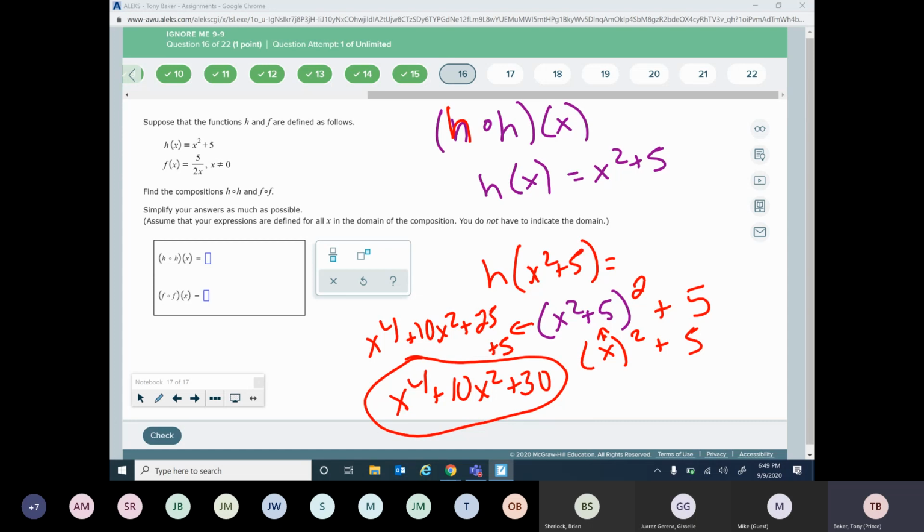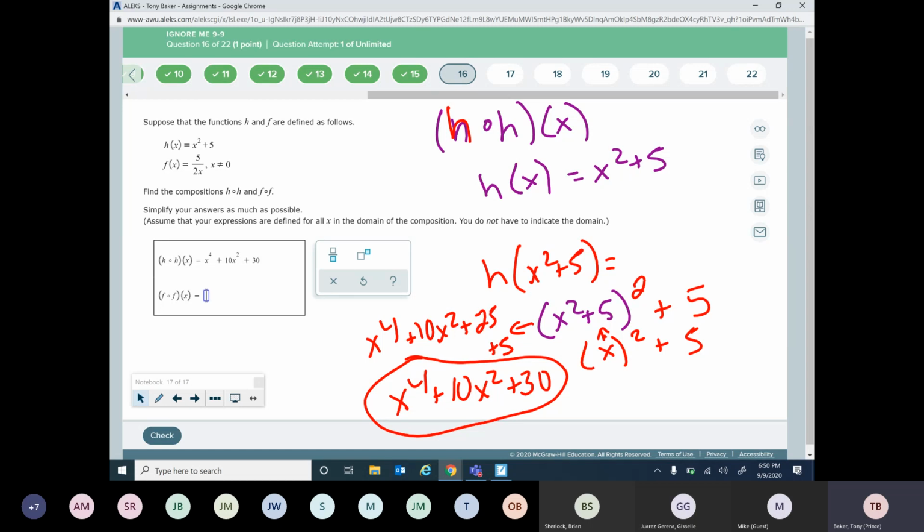Do not forget the middle term. It's there. It's important. Don't lose it. So my little pet peeve. So this one is x to the 4th plus 10x squared plus 30.